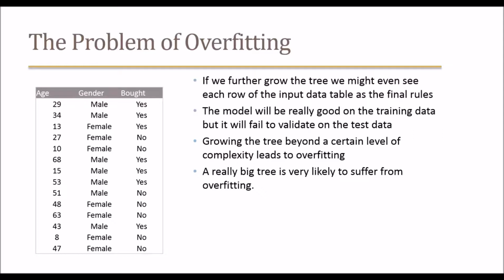It will have 100% or 98% accuracy, but when you take test data, which is similar to the training data but with very small variations, and test the model on it, you will see the accuracy go really low. That is the problem of overfitting. Generally, overfitting happens when you grow the tree very big. The trees which have large depth or height will suffer from the problem of overfitting. That's what I mean.